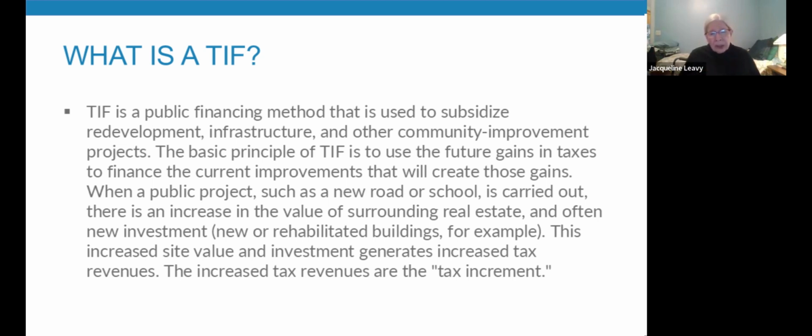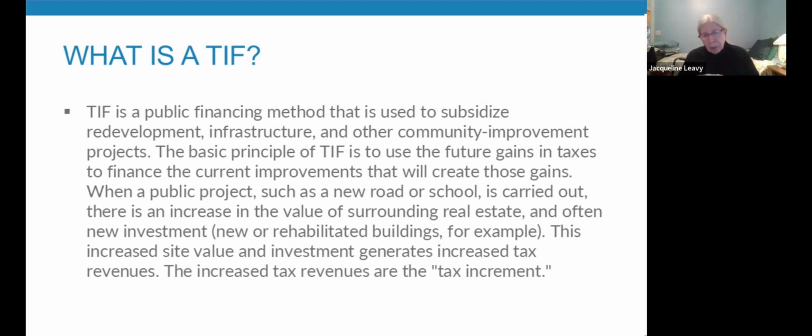So what we're going to do is designate this very specific area and come up with eligible projects like new infrastructure. And if we build it, they will come, meaning that private investment would be leveraged by the fact that your village is making an investment. How do they make that investment?